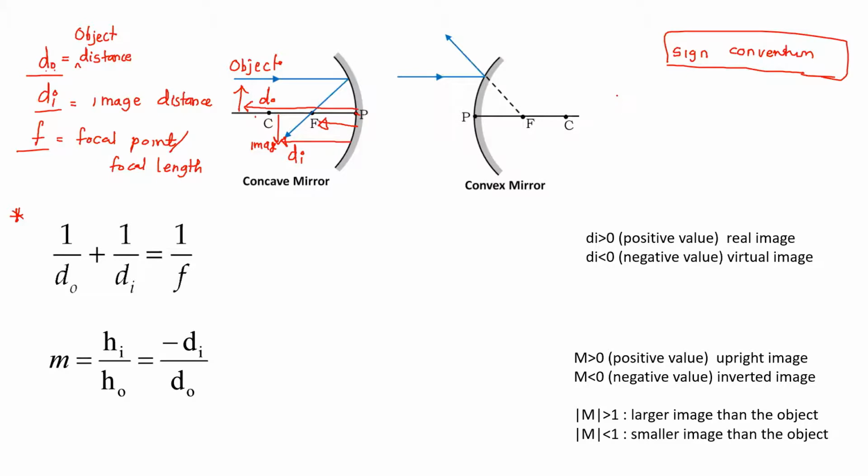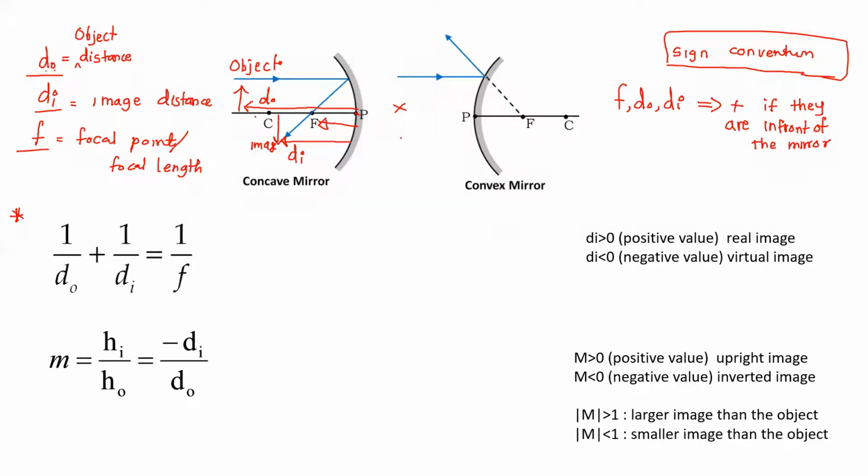So F, D naught, Di, all of them will be positive if they are in front of the mirror. In front means this side, right?